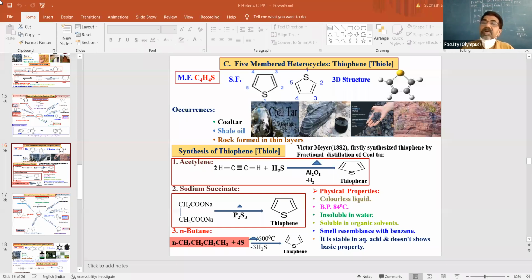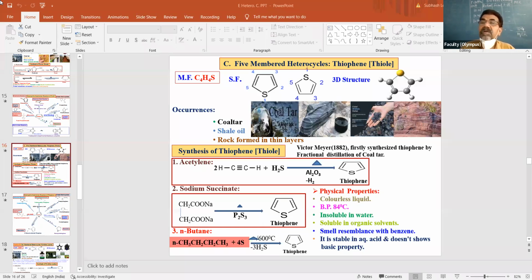At the same time, we have also discussed another 5-membered heterocyclic compound called furan. For furan, we discussed the molecular orbital picture, synthesis methods, physical properties and chemical properties. Now today we will discuss another heterocyclic compound, as we already see on the screen.